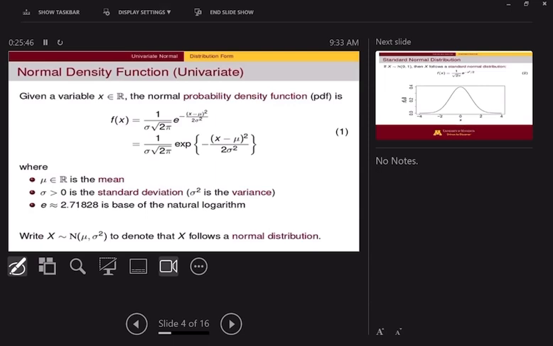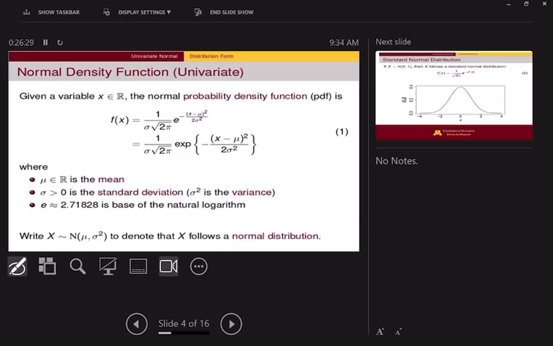Imagine I have 1,000 different data sets. Even if each of them follows a normal distribution, they have different means and different variances. But what is going to make comparison effective is to standardize them. When I standardize, all of them will have the same mean, which is zero, and the same variance. Does that make sense? So standardization will give us effective comparison among data sets.